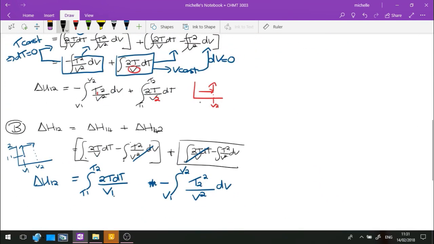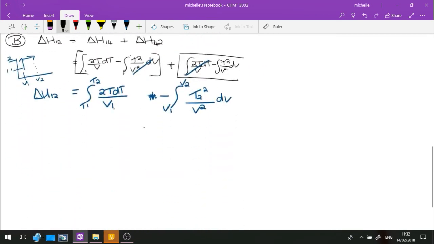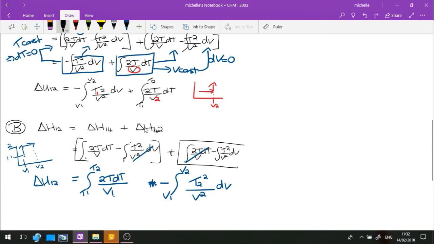Right, and you could choose either way you want to go, just like with the notation. You can just choose if you want to go on path A or path B. And here you integrate with respect to t, with respect to v, with respect to t, depending on which path you want to go.